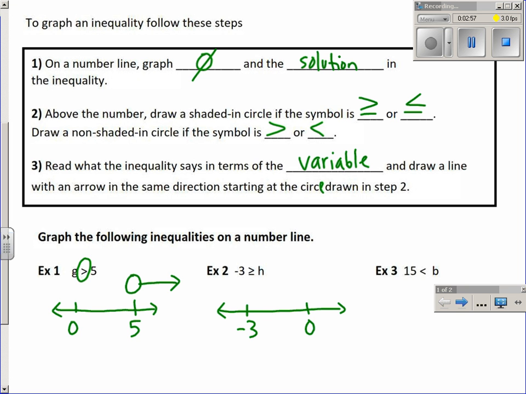And then the second step is we have to draw in a shaded circle above the -3 because the sign here is greater than or equal, so that should be filled in. And then we're told that all values of h are less than or equal to -3, which means we have to draw the arrow going to the left, showing all the values being less than -3.